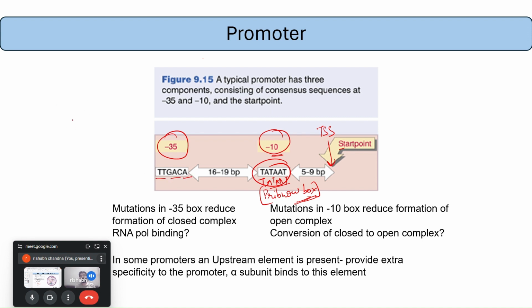So what is this consensus sequence? For example, we have these bases, and in most of the organisms and most of the genes, I'm talking about prokaryotic organisms, T is present at the first position, followed by T at the second position.